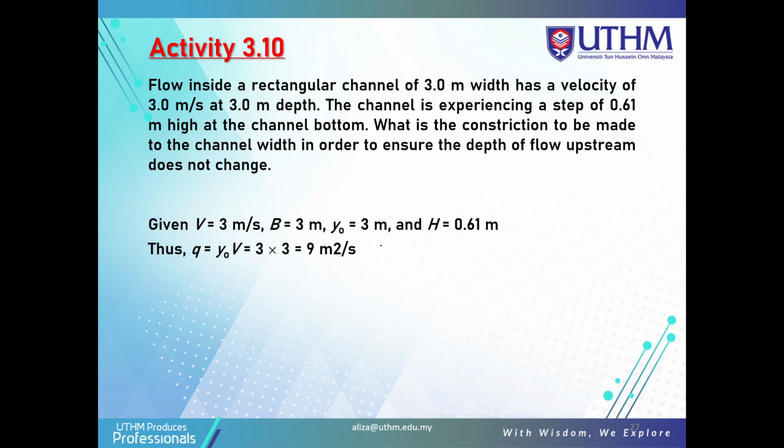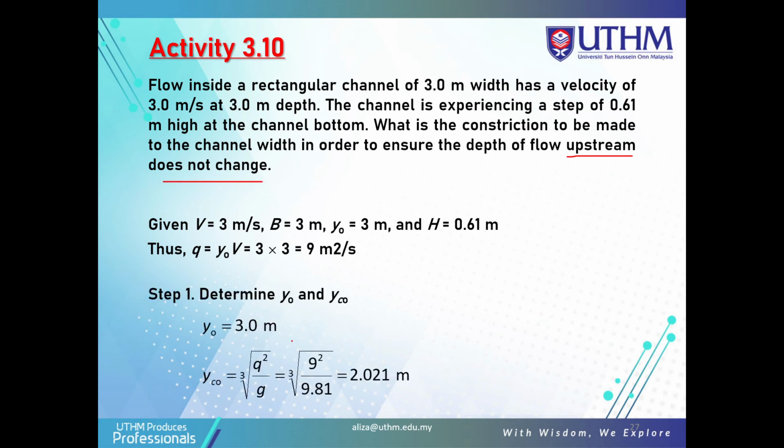Now look at activity 3.10 here. It's also a rectangular channel. For step 1, because the flow upstream does not change, you just go until step 1: find the Y naught and Y critical at the constriction, so you get the value here, and we get the subcritical flow.